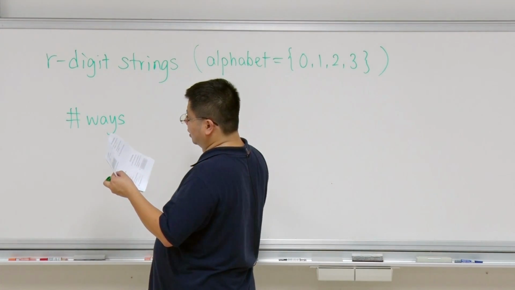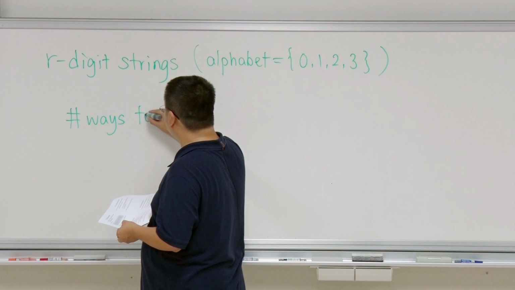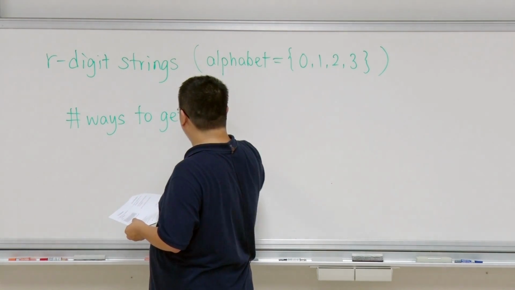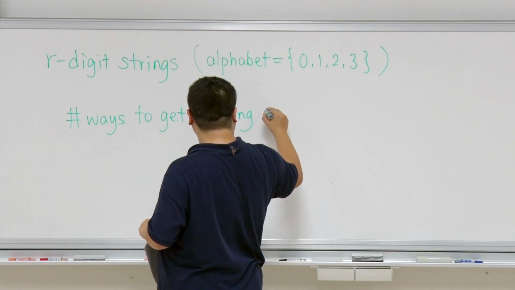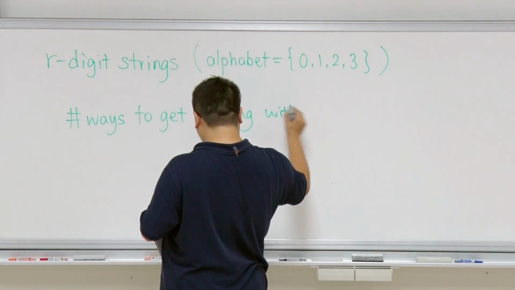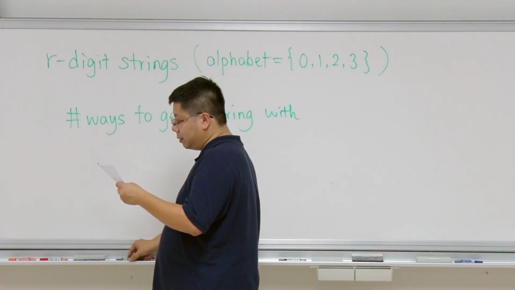And then we want to find out the number of ways, the number of R-digit strings, to get a string with, okay, so these are the criteria.